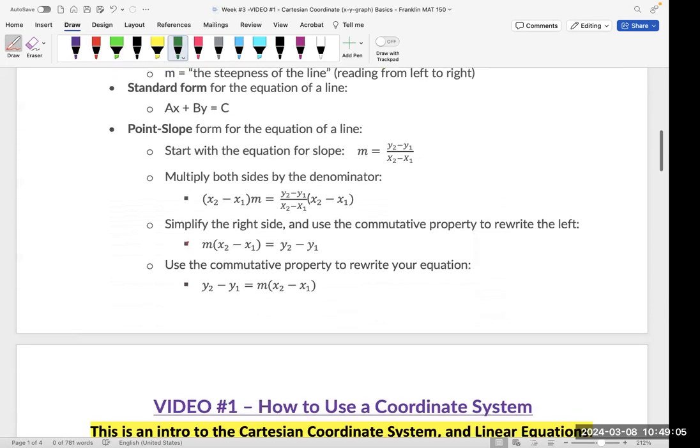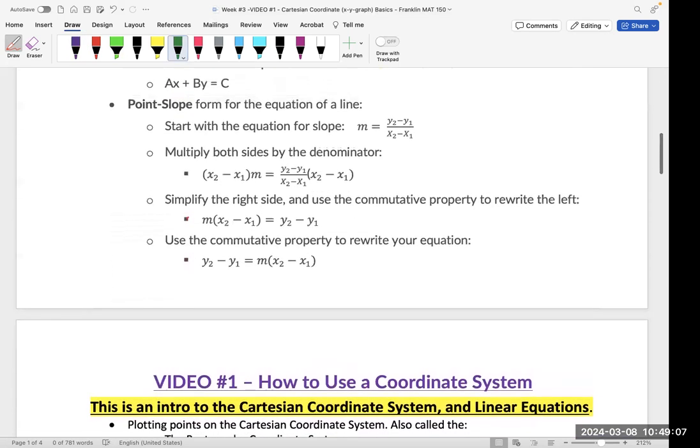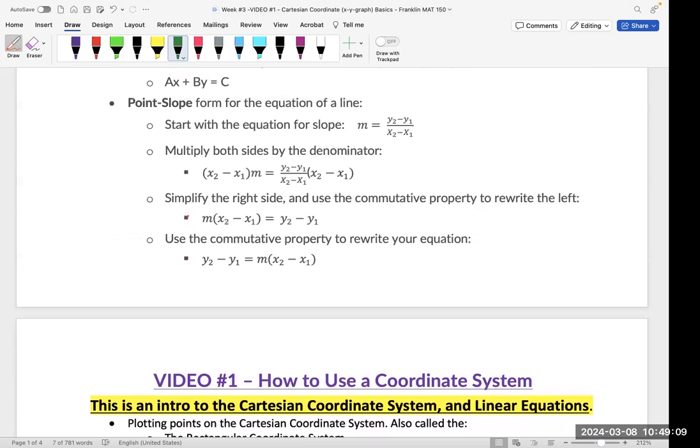All right, we'll talk about slope. Point slope comes in week 4, but if you learn it in week 3 and want to use it on test number 1, you can. If you're familiar with the point slope formula of a line, you are welcome to use that anytime you'd like. We usually write it as y minus a specific y is the same thing as m times x minus a specific x.